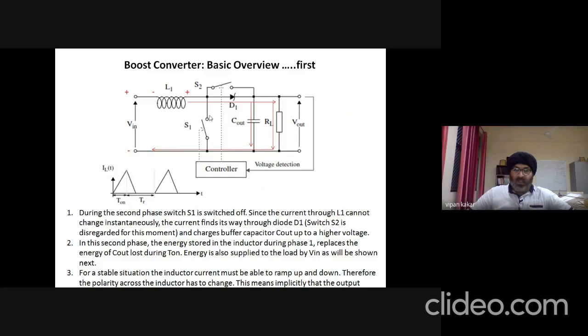As soon as it gets opened, the inductor reverses its polarity, as we already know from our previous lectures.